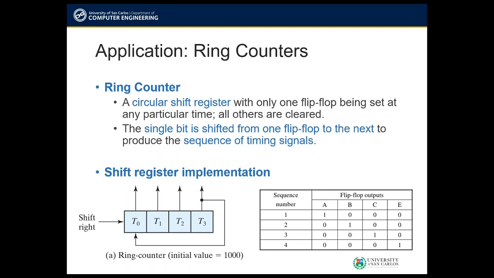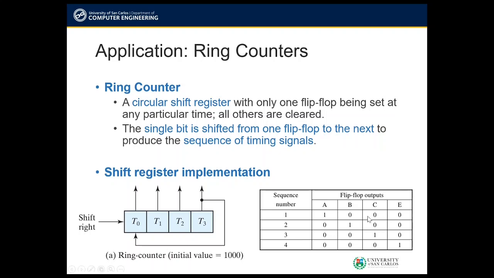So this is SIR. Since a ring counter has one flip-flop being set, let's consider this initial value 1000, with T0 having a value of 1, and the rest are zeros. So if we have this particular sequence, T0, let's say output A, T1 output B, T2 C, and T3 as E, then we have here 1000.